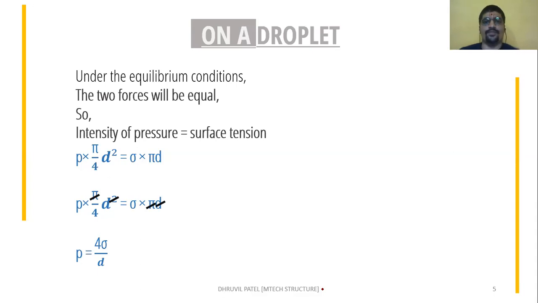So when these two objects are pulled, the stress occurs in pulling. The opposite stress also will occur inside the surface of the drop due to water pressure. Surface tension and pressure intensity are both equal and opposite to each other.